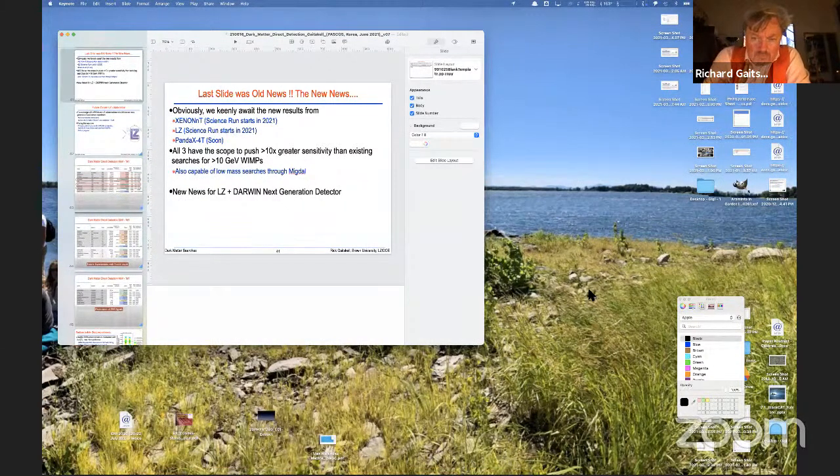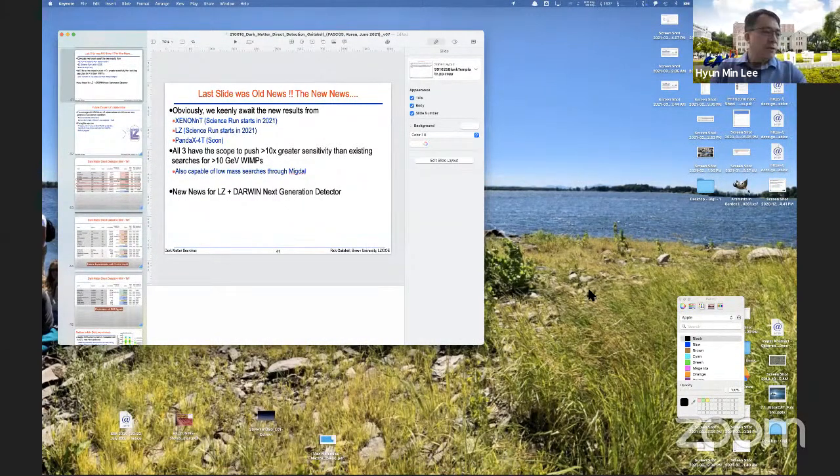Okay, thank you. So I think we have a parallel session in 20 minutes or so. We had a lot of good discussion during this plenary session. Thank Richard for his nice talk again. And I'm looking forward to a lot of big large scale experiments for dark matter.